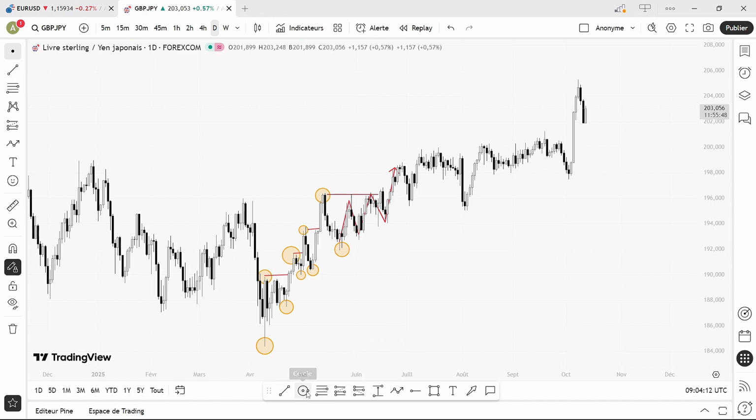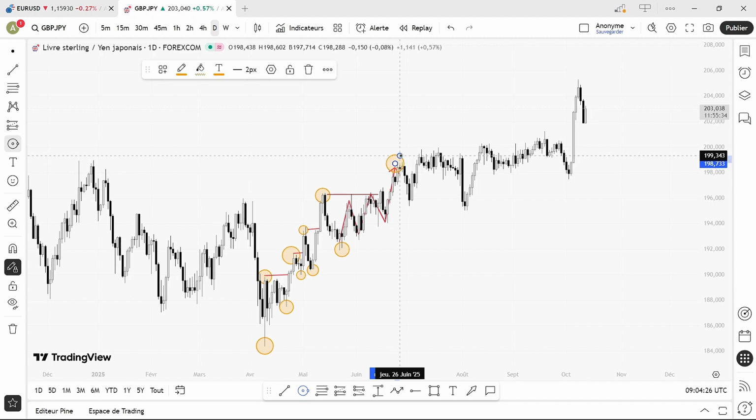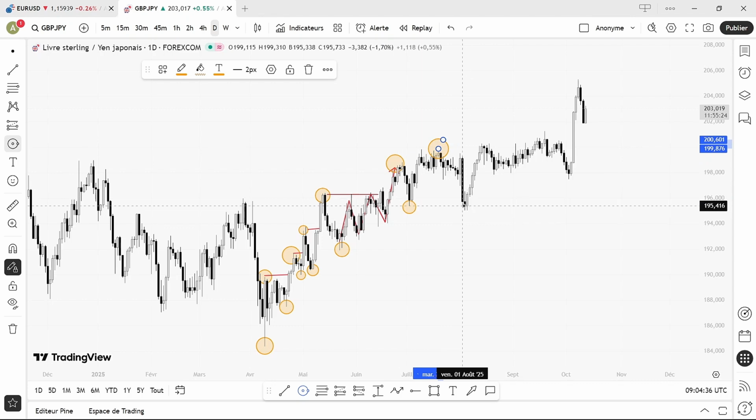Of course this is a trending market. We can continue from here. Price broke out from here, meaning this is the higher low, and this is going to be our higher high. It pulls back here up to here, meaning this is a higher high. Again, this is a higher low, higher high.